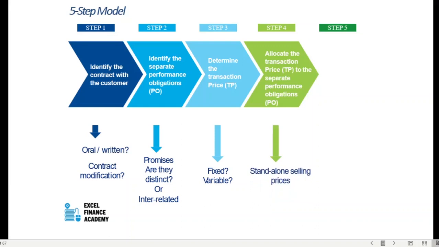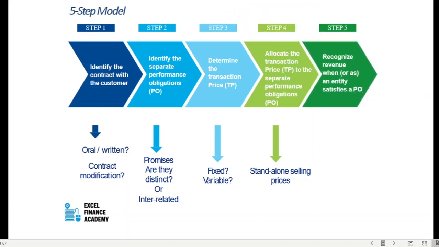We have a process to allocate, but the ideal principle behind the allocation is that we try to understand the standalone selling prices of the performance obligations, and we look at whether there is any discount, and we allocate that discount over all the items, so that we are distributing the revenue fairly based on the standalone selling prices.